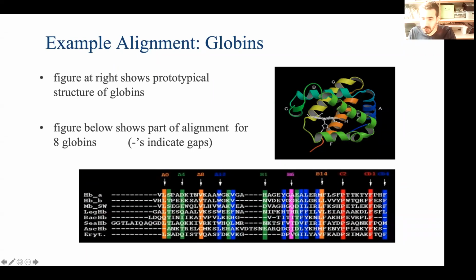Another issue that I would like to highlight is the conservation levels. If you look at the multiple sequence alignment, you will see that some amino acids are 100% conserved across different globin proteins, and some amino acids are not that conserved. So we can also infer from the alignment what are the important amino acids in the protein function, right?